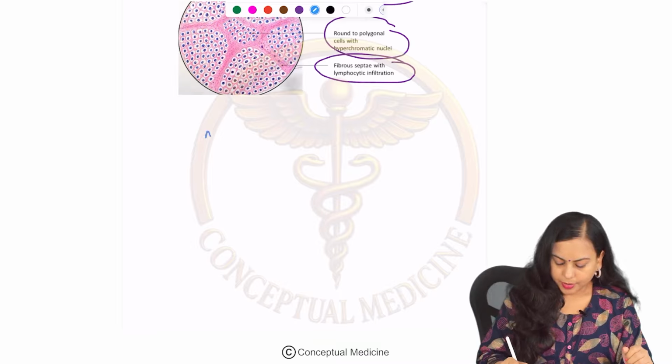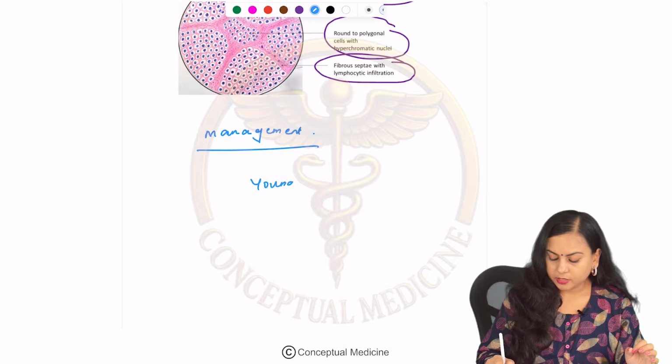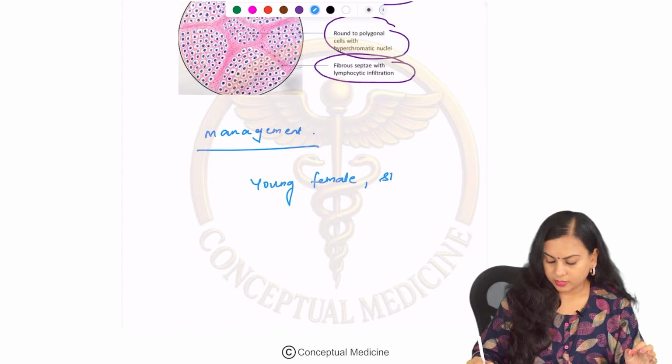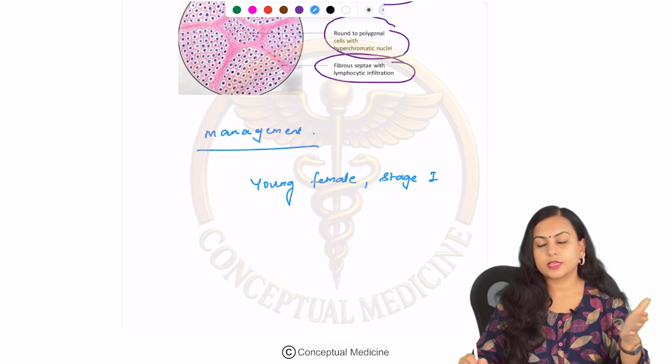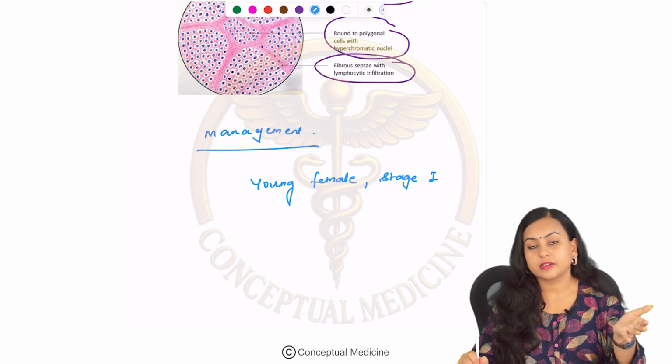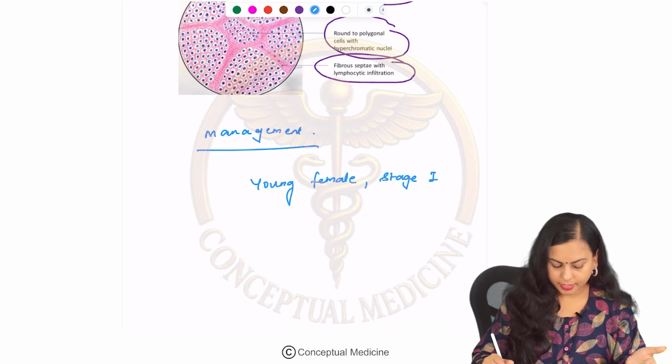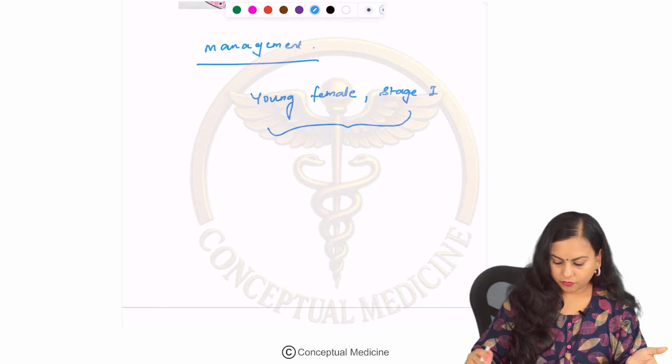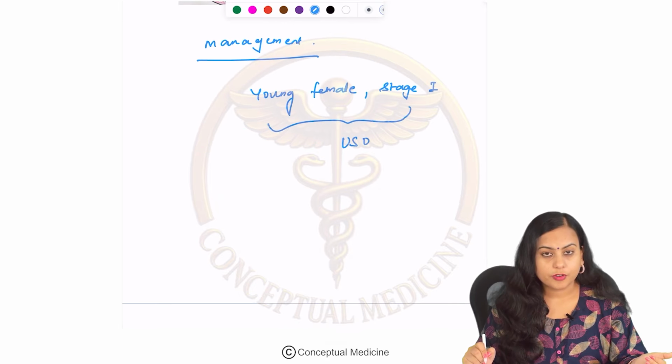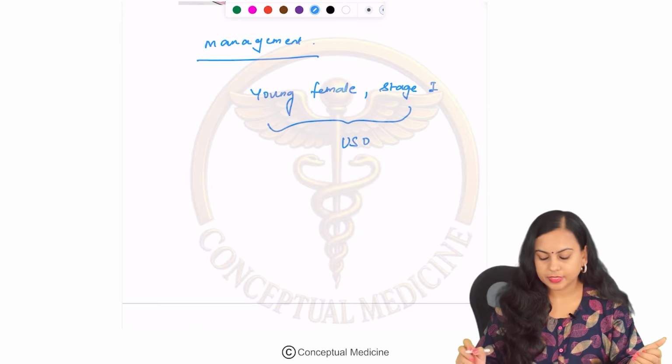So how will you manage this patient? Usually she is a young female. For a female who has her cancer in the early stages, say stage 1, you can offer her unilateral salpingo-oophorectomy, that is a fertility preserving surgery.